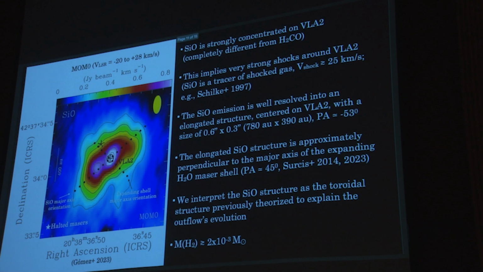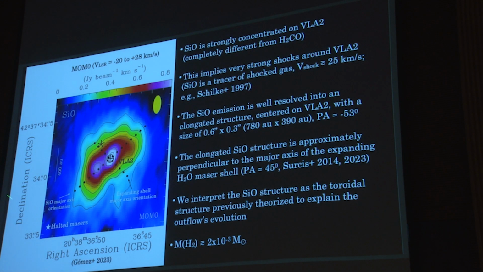This is a zoom of the region, and you see what we resolved: the emission is very well centered on BLA2. It's an elongated structure, well resolved. The fact that we are observing SiO concentrated on BLA2 indicates that there are very strong shocks around BLA2.